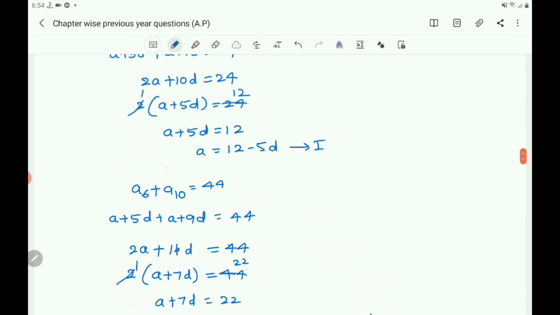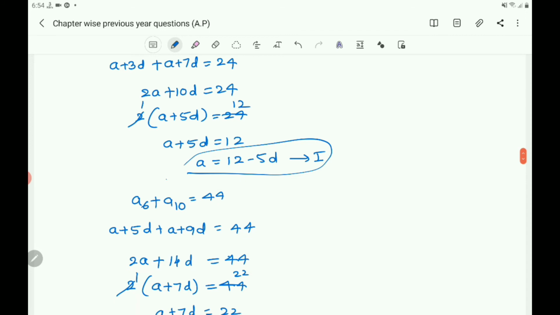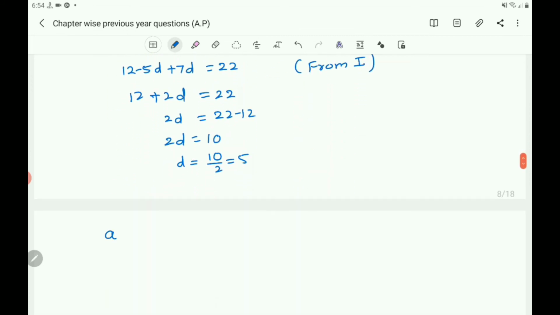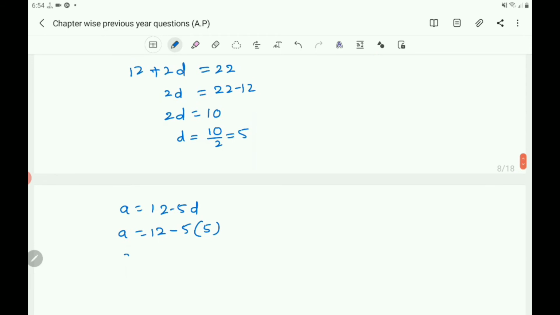Now take this and get the value of a by substituting the value of d. a is equals to 12 − 5d. So a = 12 − 5 × 5, in the place of d you write 5, so that you will get a = 12 − 25.